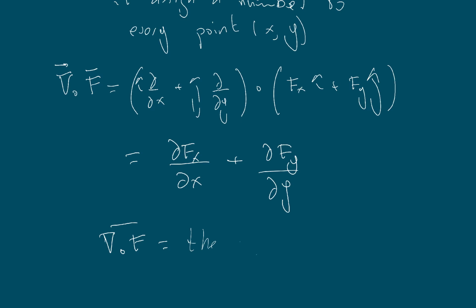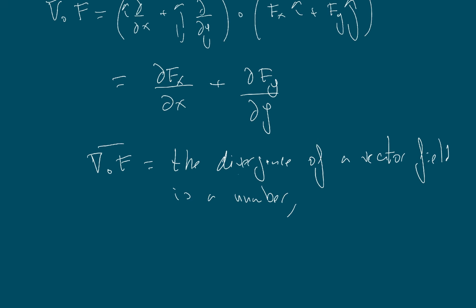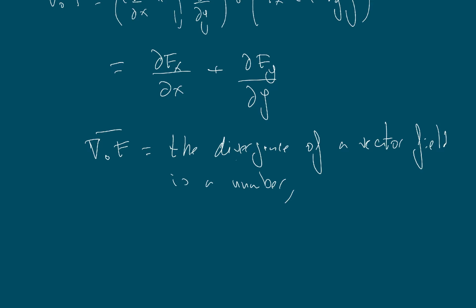The divergence of a vector field is a number, and this number is related with something. You take the point where you want to find the divergence. You imagine a sphere. Well, in this case, it is the plane. You imagine a circle. And you find the flux of the vector field crossing the surface.